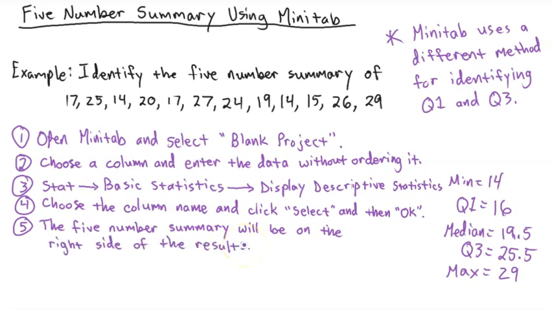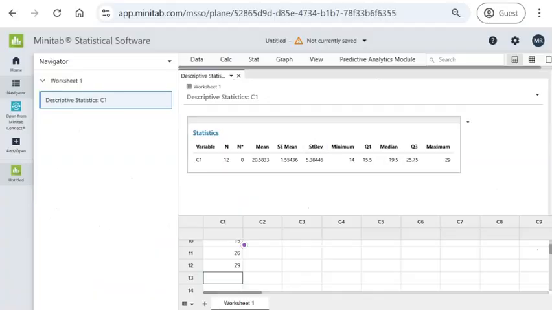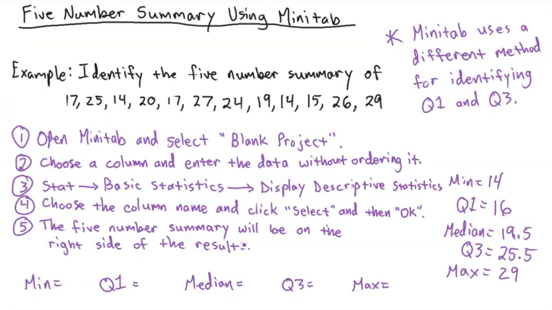All right, and so we're going to need the minimum, the quartile 1, the median, the quartile 3, and the maximum. And then we're going to compare them to these other ones that we have. Let's see. Here's the minimum, 14.